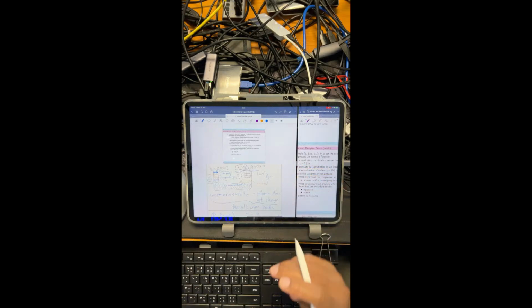Okay, delta y1 is the distance along the y-axis by the first piston, and this delta y2 is the distance this piston moves along the y-axis, for the second piston here. When we have the force and multiply it by the distance, we have the work, right?